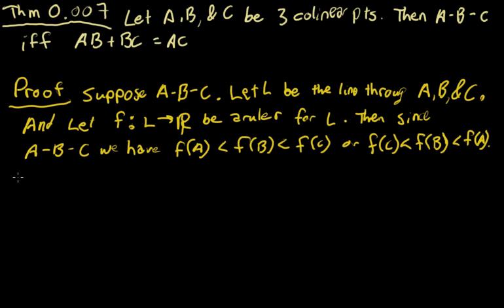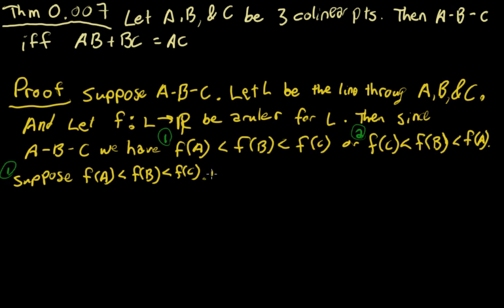Then suppose the first one. Suppose f of A less than f of B less than f of C. Let's make this a little bit easier to read. Put 1 there and 2 there. So we have 2 cases that we have to prove this for. We'll suppose the first one.